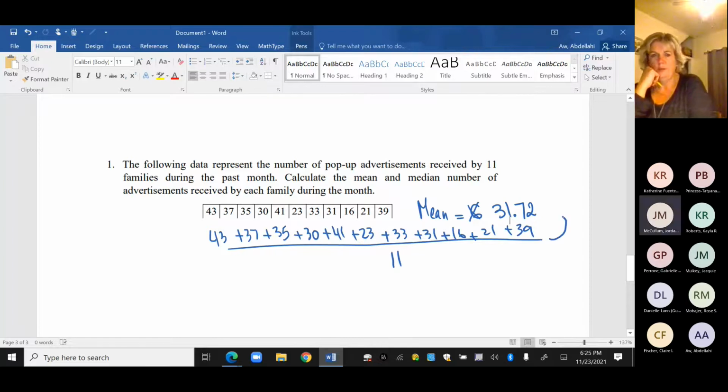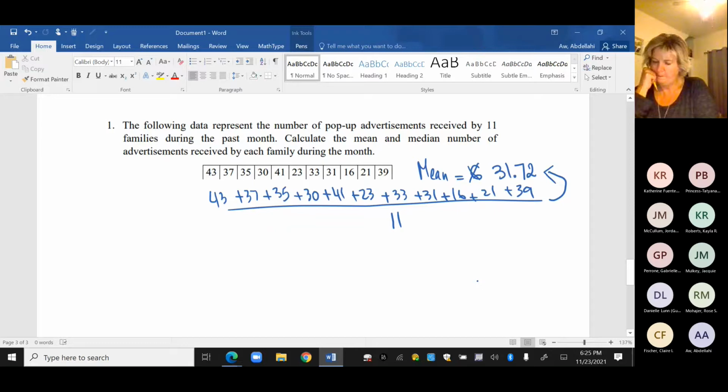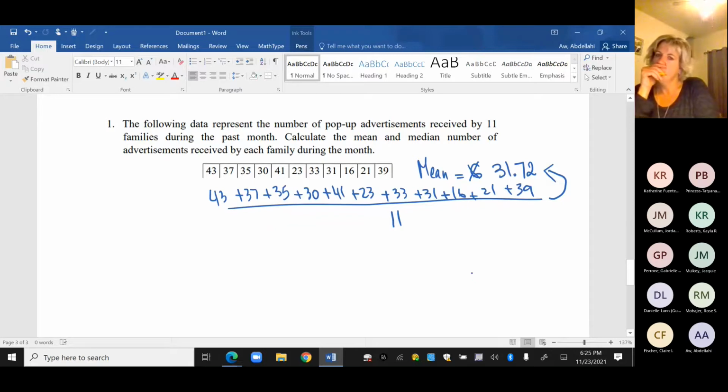And you get this. That's the mean. 6 is a very low number, for the simple reason that there's no data that is even close to 6. Okay, so now the median. What is the median you got? 33. Everybody agree with that?